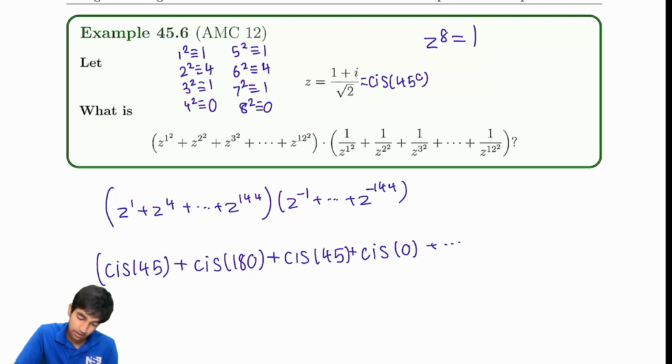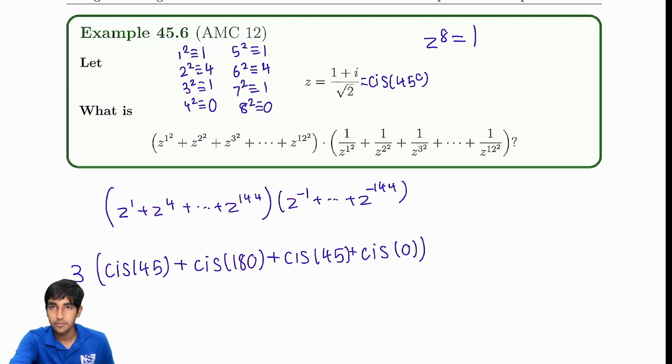And this is going to repeat. There's 12 terms, so it's going to repeat 3 times. So this is just 3 times the first part. The second thing is nearly the same exact thing. In fact, I literally think it's the exact same. So let's take a look.